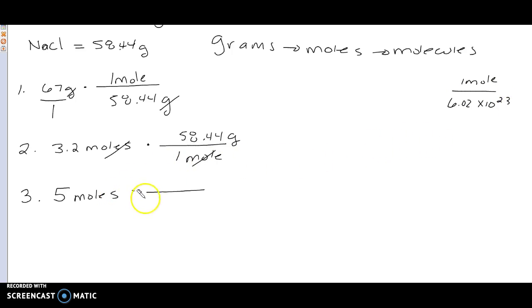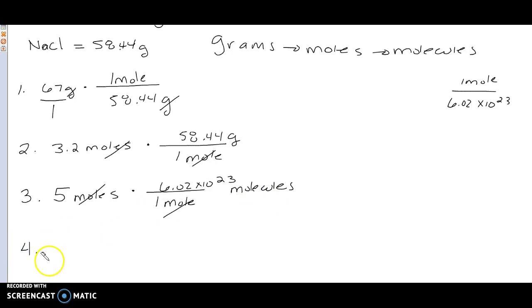So over here, I want to cross off moles. So I'm going to put moles here, and I'm going to put the 6.02 times 10 to the 23 up here. And so that crosses off moles, and then I can just go 5 times 6.02 times 10 to the 23, and that will tell us how many molecules we have. That's what we'll end with.